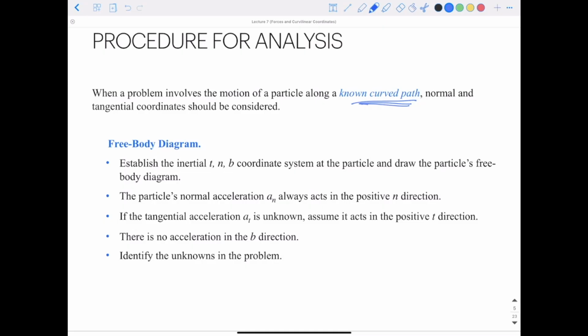If an is pointing opposite of the n direction, then it's negative acceleration. If the tangential acceleration is unknown, assume it acts in the positive direction. And there is no acceleration in the b direction. After you have your free body diagram, it becomes easier to write your equations, and you can solve for your unknowns using the equations of motion.